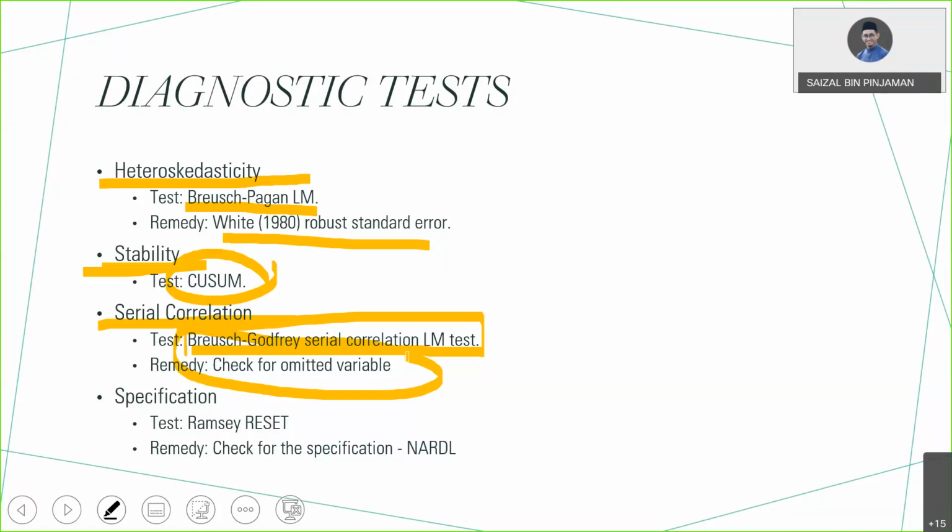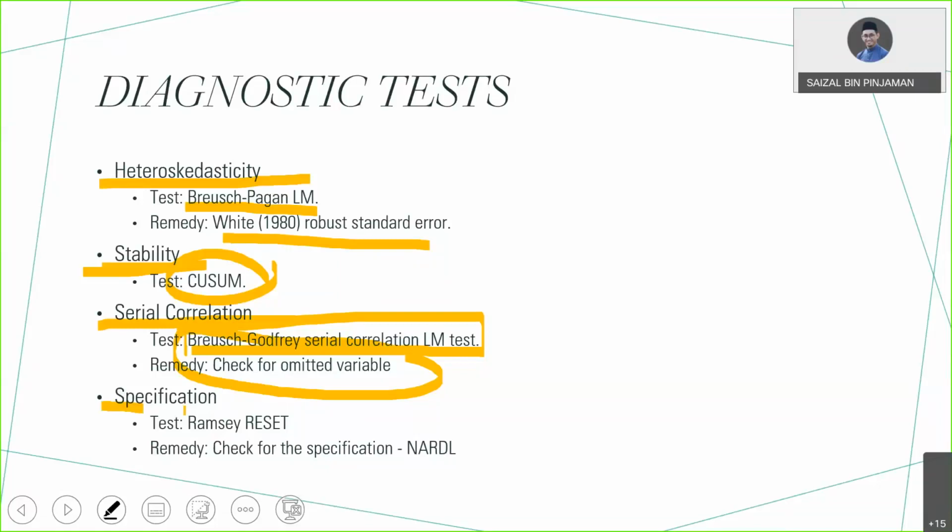When we relate this serial correlation problem to the ARDL and ECM model, we may suffer from serial correlation if we fail to include the asymmetry of the variables. Remember, we have dynamic variables and we also have asymmetric variables. We will discuss a bit about asymmetric variables after this.